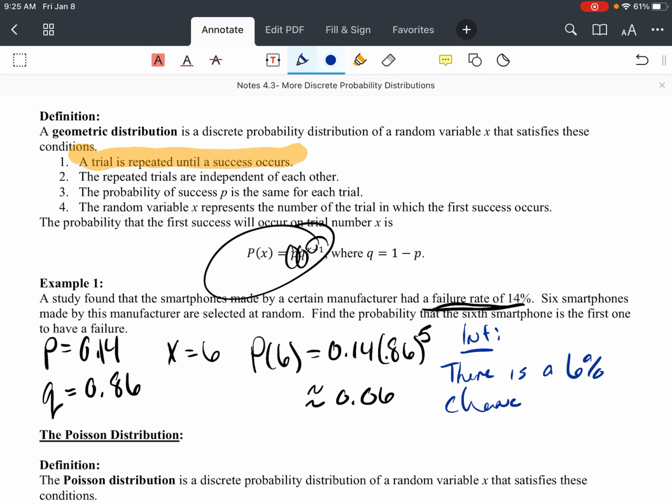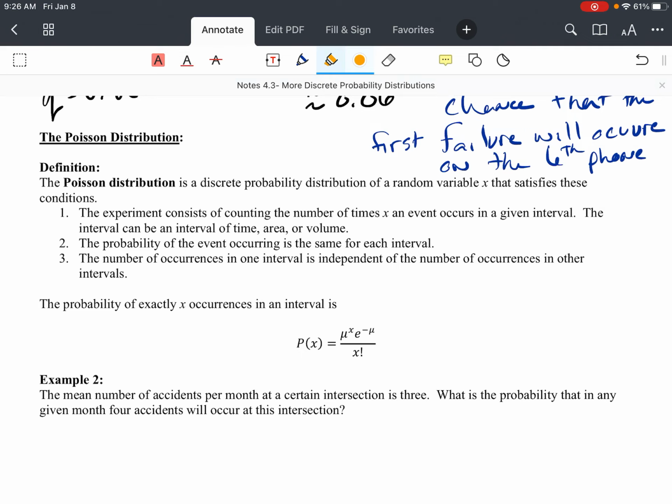All right. The next thing we're going to talk about is the Poisson distribution. The Poisson distribution is a discrete probability distribution of the random variable x that satisfies these conditions. Again, this one's actually very different from what we did earlier. The experiment consists of counting the number of times x an event occurs in a given interval. The interval can be an interval of time, area, or volume.